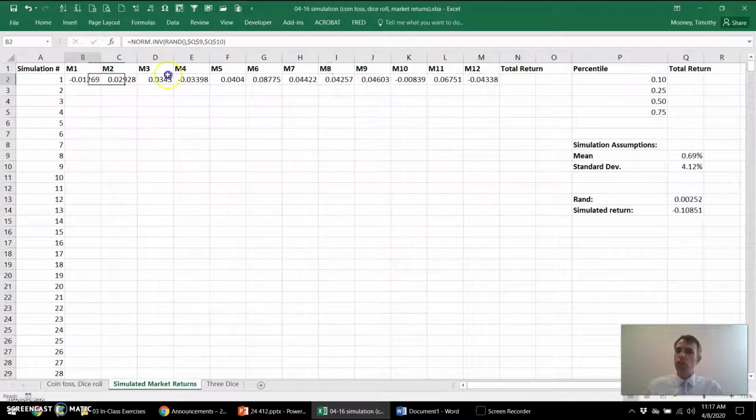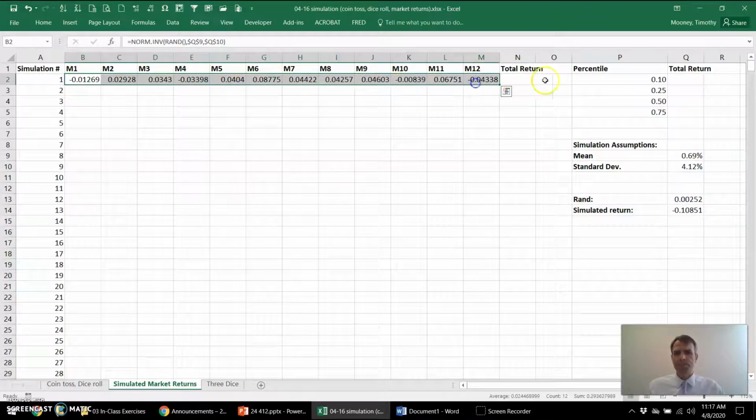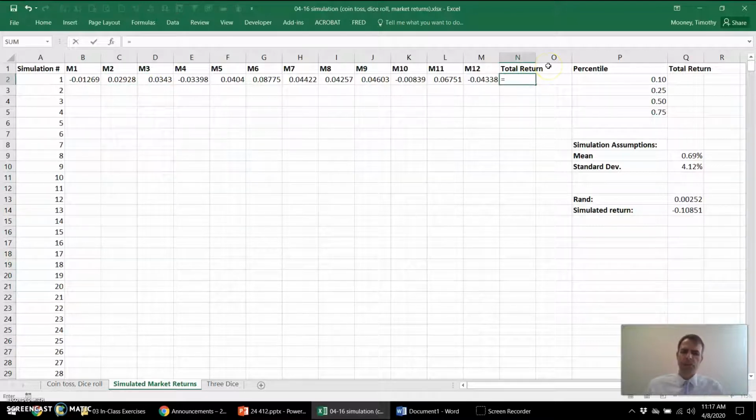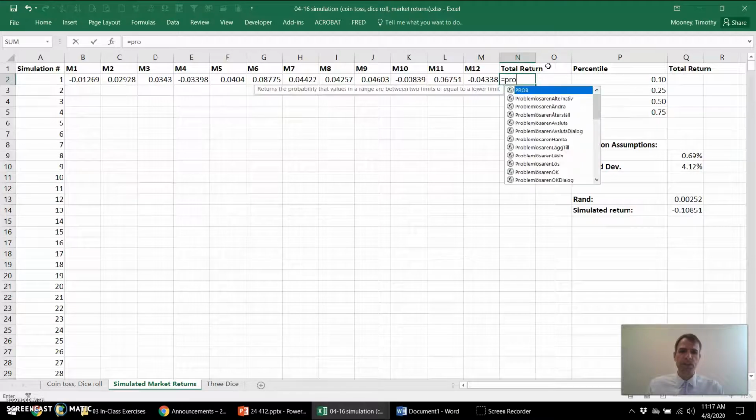We could also find the total return. Let's do that. To take the total return, to compound these returns, we would take 1 plus each of them and multiply that, right? 1 plus negative 0.01269 times 1 plus 0.0292 times 1 plus 0.0343. And so we could use the product function.